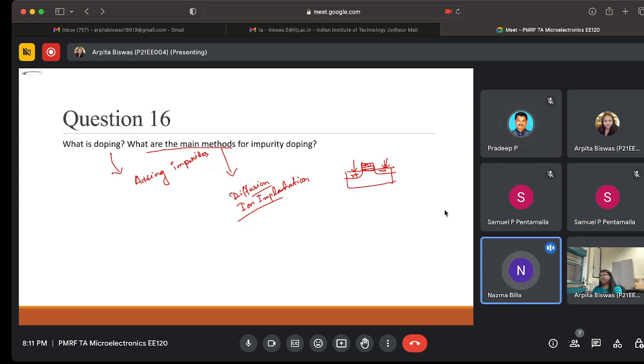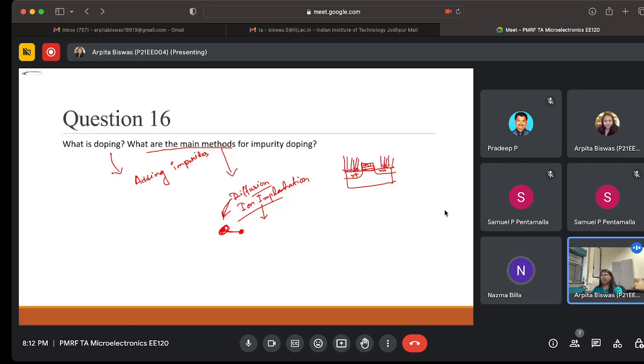Diffusion means the movement from the higher concentration to the lower concentration. If you are adding some impurity and it is moving from higher to lower, in that case you can tell diffusion is happening. And ion implantation is bombarding of the ions, adding impurities by the ion.